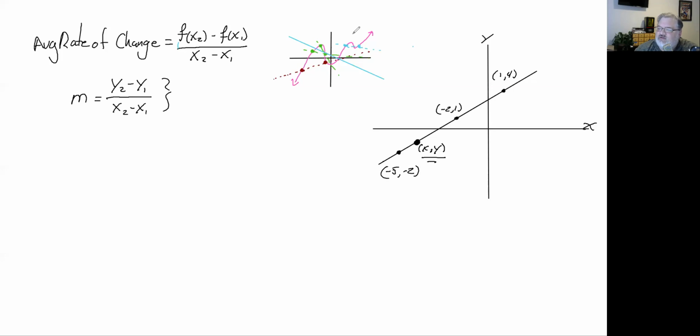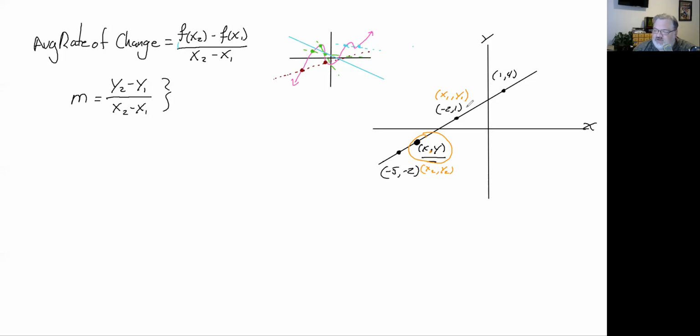And again, we'll use the orange. Let's use this one. Doesn't matter which one we use. So I'm going to call this our x1, y1 again. But instead of using one of these points as our x2, y2, I'm going to use this generic x, y. So this is essentially our x2, y2.